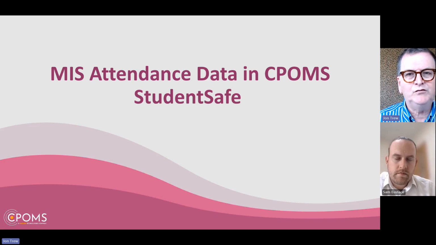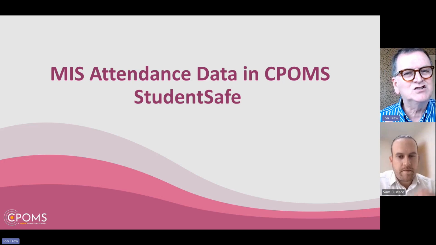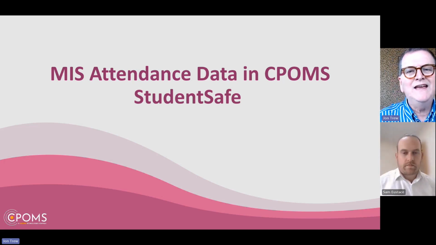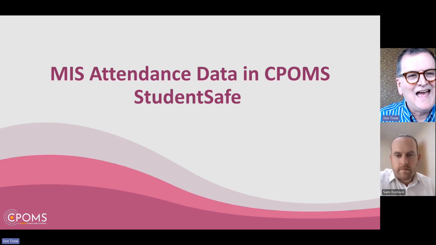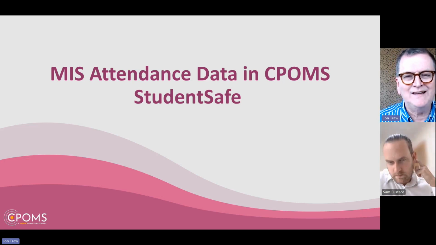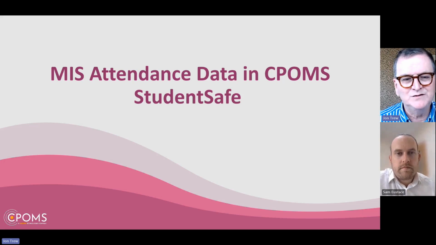What are the welfare, what are the safeguarding issues that might cause that? So I'm going to hand this over to Sam, and Sam's going to show us how the data in CPOMS Student Safe can mesh with your MIS and show us attendance data and marry those two together.